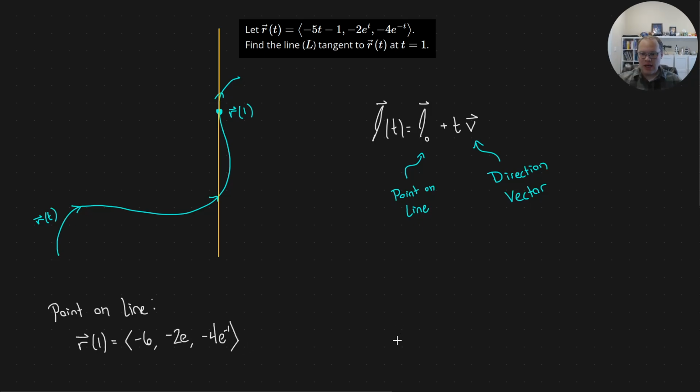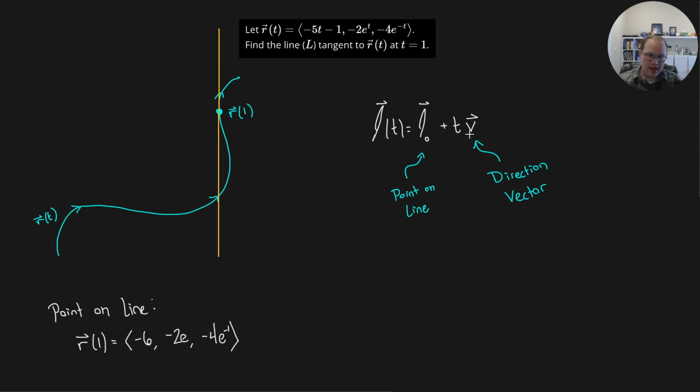Okay? I mean, not the prettiest vector in the world, but that's what it is. That is a point that I know is on the line because that's where the line intersects the curve. That's where we want to be tangent. If we're going to be tangent at the point, it's actually got to hit the point.